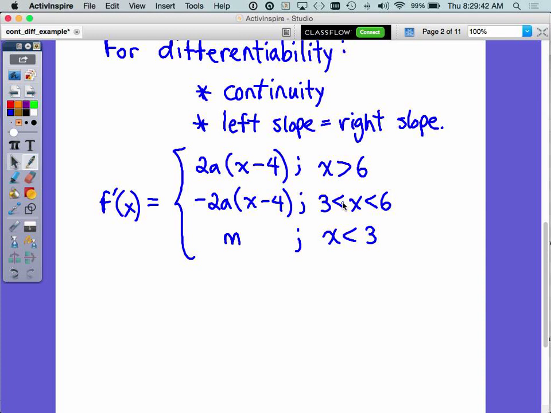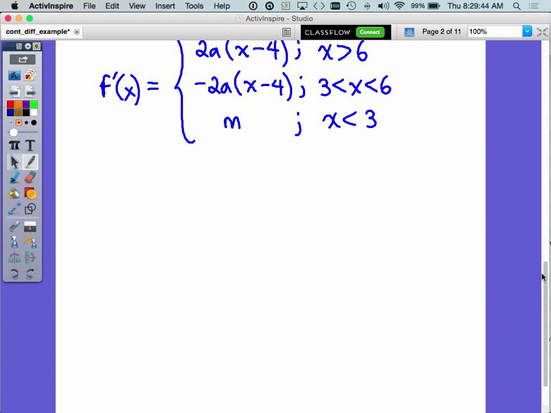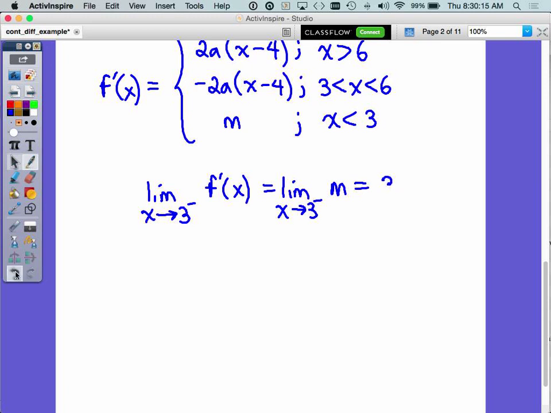What I want to know is, is it differentiable at 3? So I need the limit as x approaches 3 from the left of f prime at x to equal the limit as x approaches 3 from the right of f prime at x. The limit as x approaches 3 from the left of f prime at x is really the limit from the left on this bottom function. So this is just m, and so of course the limit as x approaches 3 from the left of m is m.